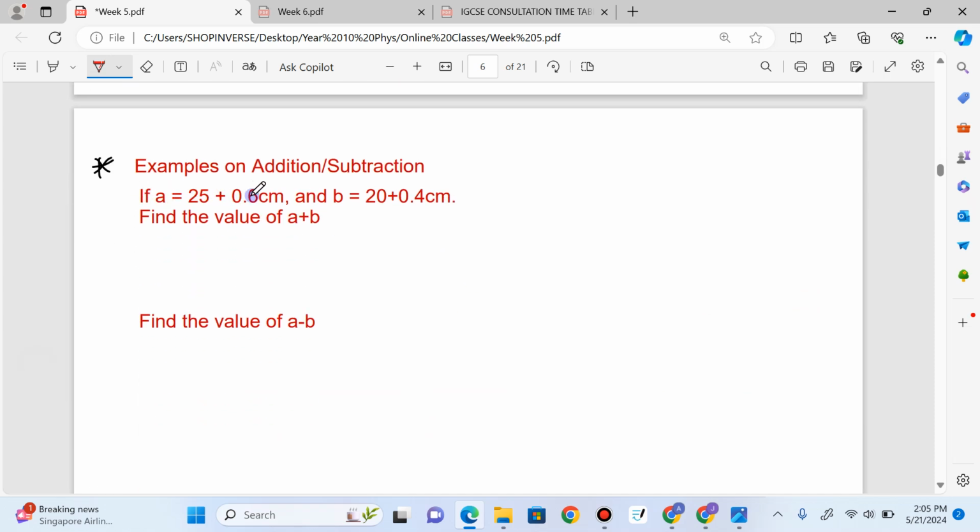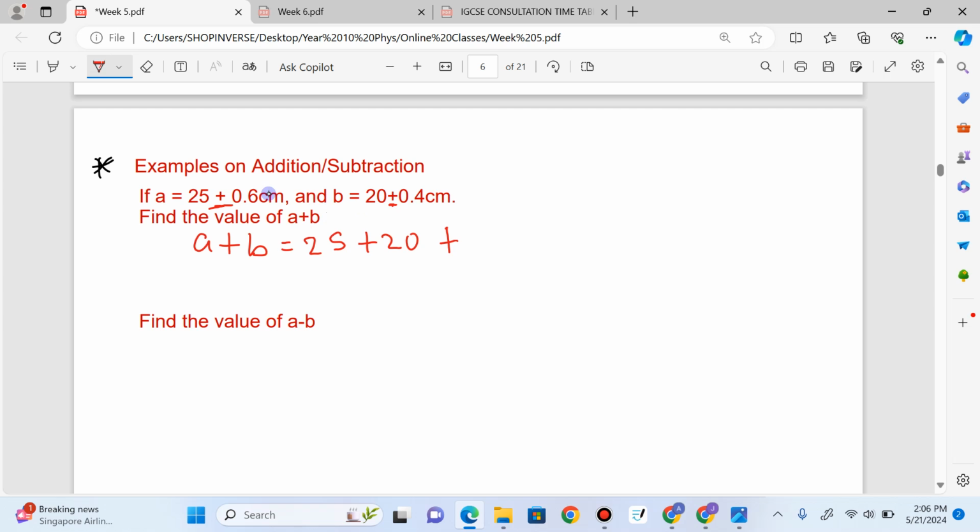Now, if A equals 25 plus or minus 0.6, okay, we have 25 plus or minus 0.6, and B is equal to 20 plus or minus 0.4. Find the value of A plus B. A plus B equals, just add the two values together, 25 plus 20. Don't forget that if you are adding, then you add their absolute uncertainty.